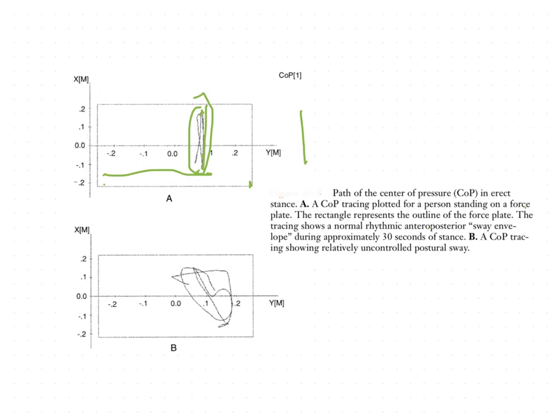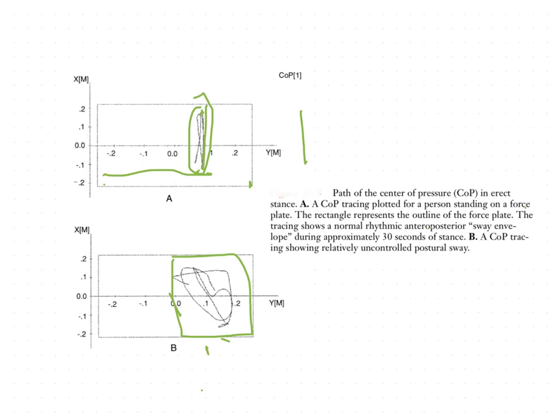Whereas in plate B you can find the center of pressure showing relatively uncontrolled postural sway. So there is no rhythm here. By seeing this graph we can find this person has some coordination problem or postural imbalance.